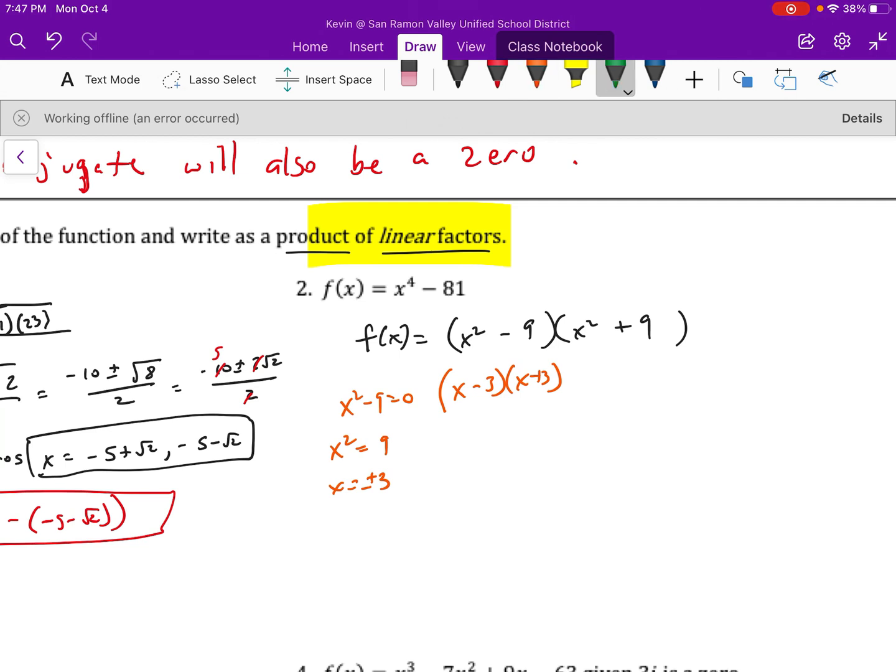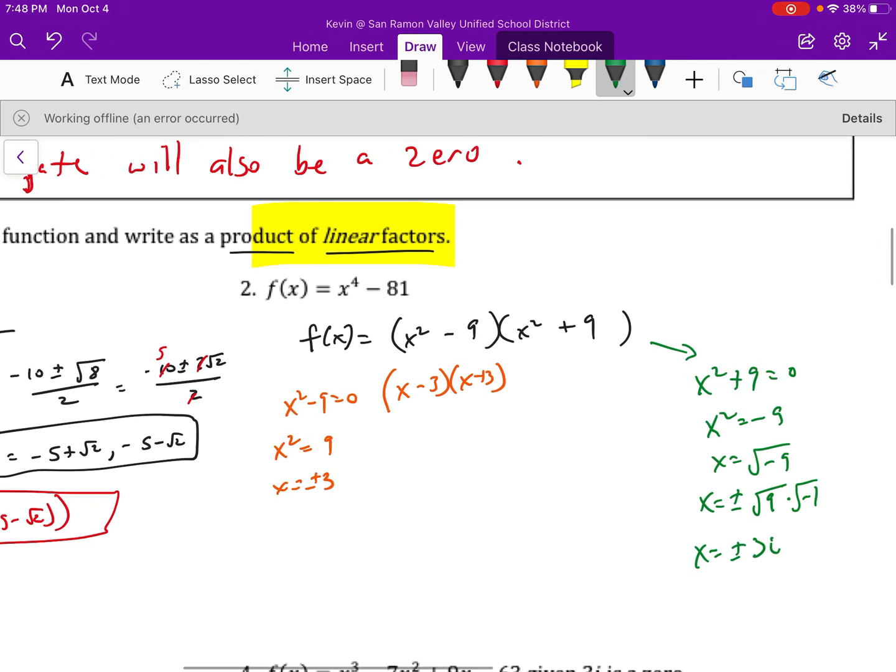On this side, if we try to do the same thing, it's a little different because we have x squared plus 9 equals 0, x squared equals negative 9, x equals the square root of negative 9, which is plus or minus 9 times the square root of negative 1. So x equals plus or minus 3i, since the square root of negative 1 equals i.